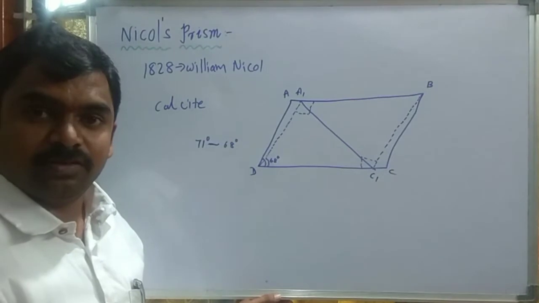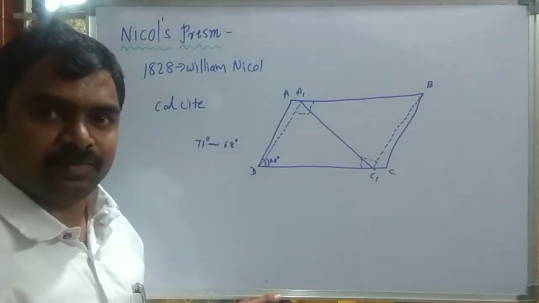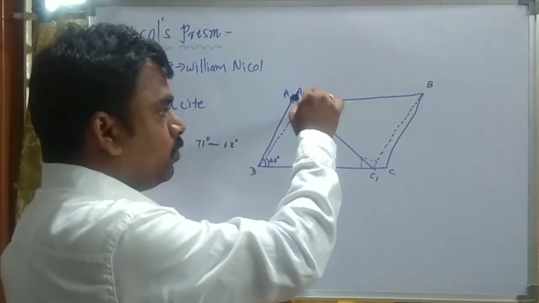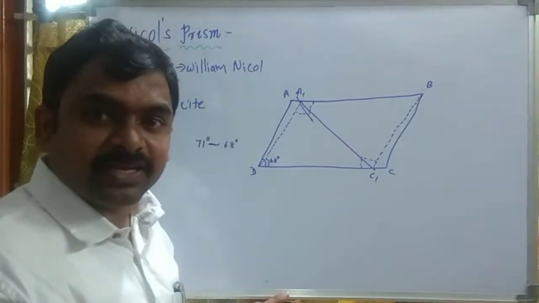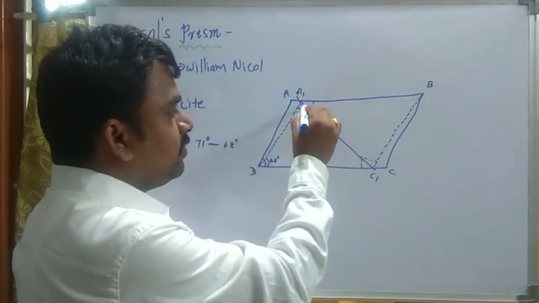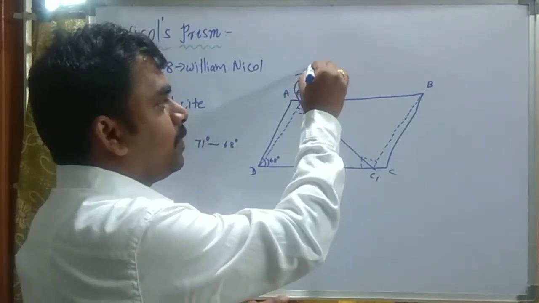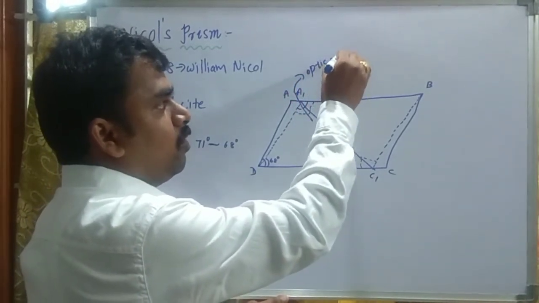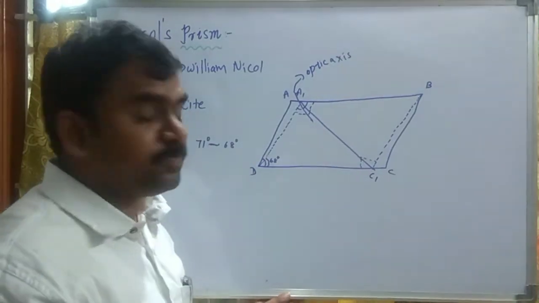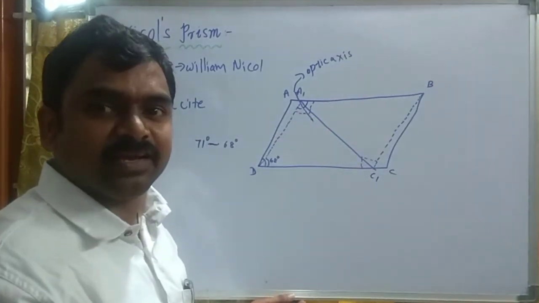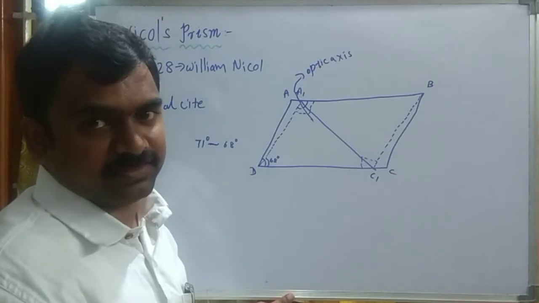Along this direction, if you take any ray that makes equal angles with the edges, then that ray is called the optic axis. Optic axis means the axis passing through the blunt corner which makes equal angles with the three edges.